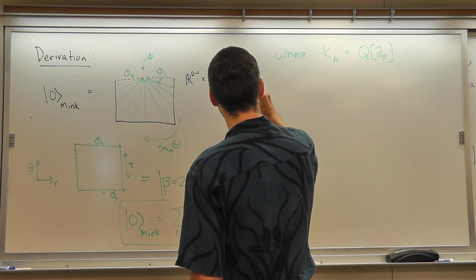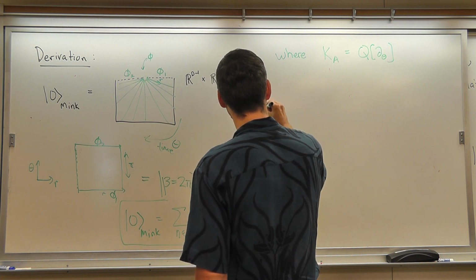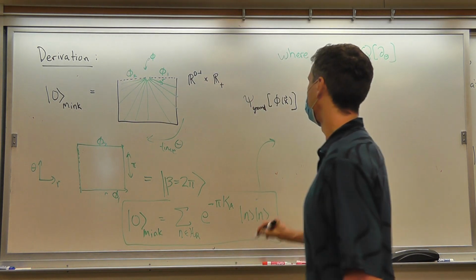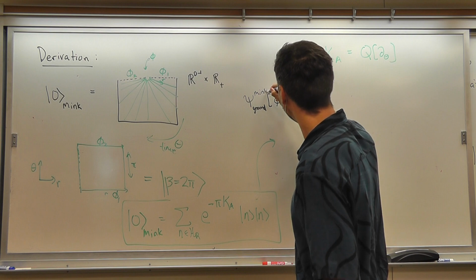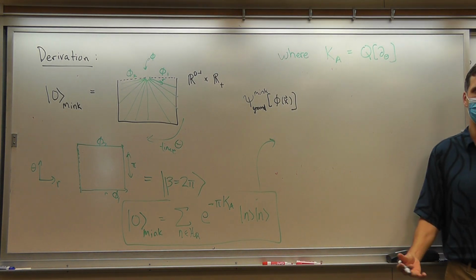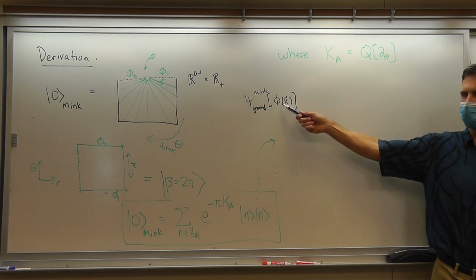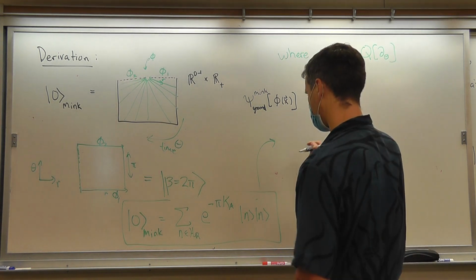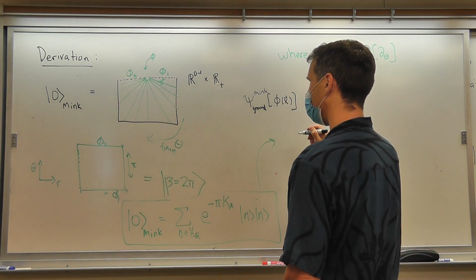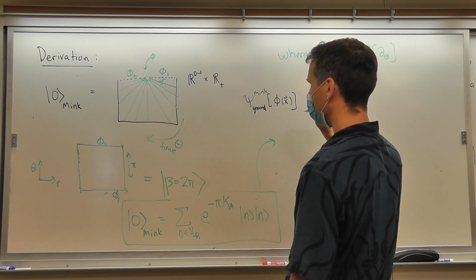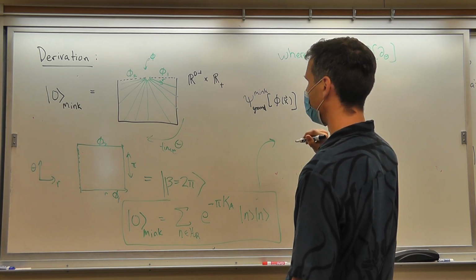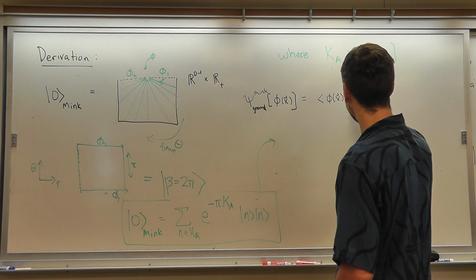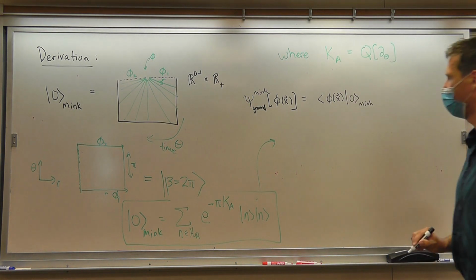The statement is that the ground state wave functional in Minkowski space, which depends on field data on all of space, in terms of our path integral, that's phi of x overlap 0 Minkowski.